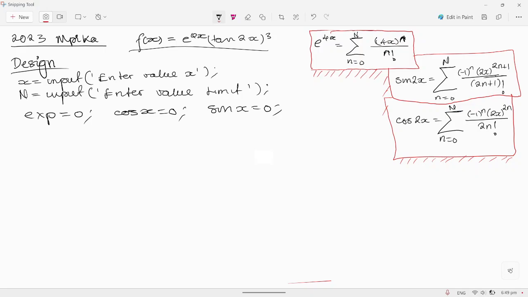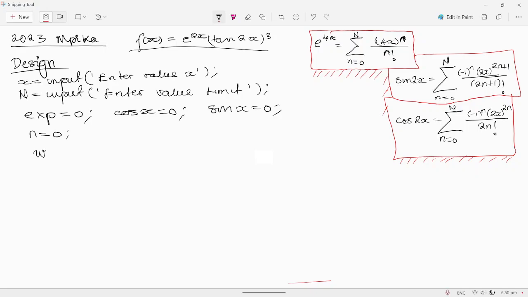Since we're using while loops instead of a for loop, we need a loop breaker. Let's call it n is equal to 0.